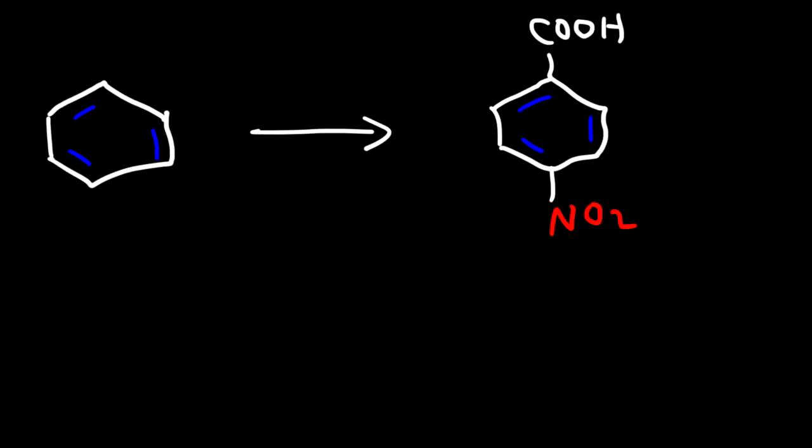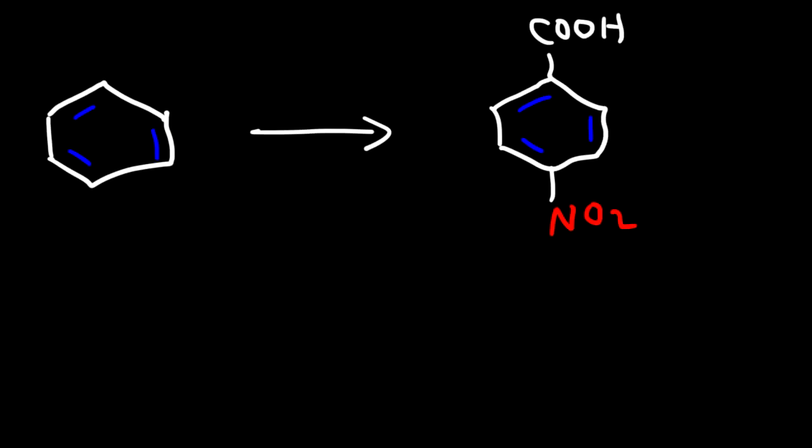So when you get a situation like this, you need to look for the intermediate. There must be an intermediate that is an ortho-para director. And if you recall, earlier in this video, we talked about how to synthesize a benzoic acid. First, we need to add an alkyl group and then oxidize it to a carboxylic acid.